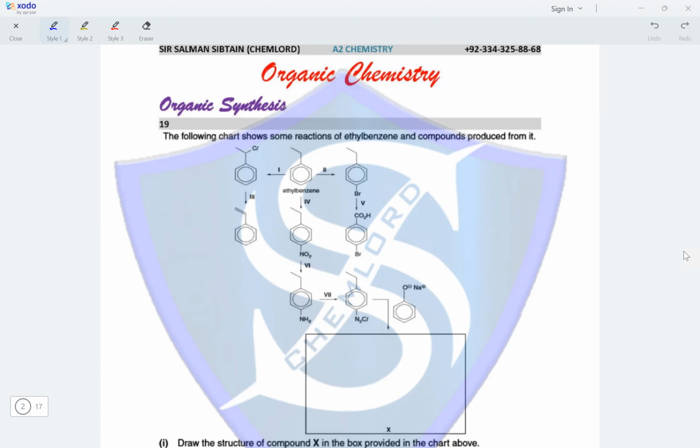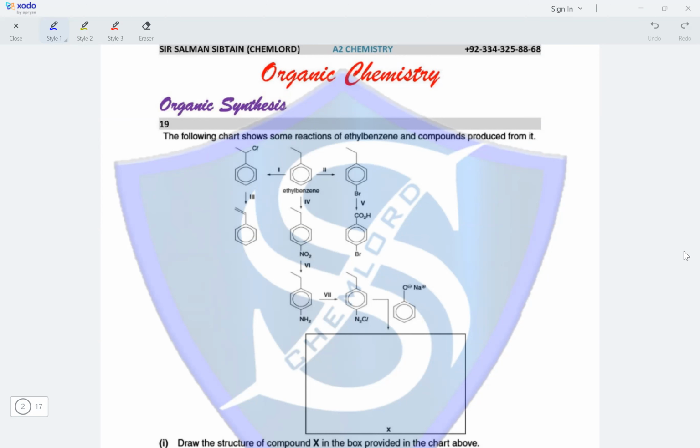Ethyl benzene itself can form nitrobenzene through electrophilic substitution, which can form amine group through reduction, which can form benzene diazonium chloride when it is kept at a temperature below 10 degrees Celsius along with HNO2, NaNO2 and HCl. And upon reaction with sodium phenoxide, it forms compound X.